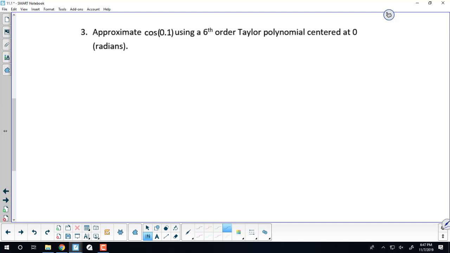Okay, so what we really want to do is come up with a Taylor polynomial for cosine of x in terms of x first, and then we'll worry about plugging in 0.1, centered at a equals 0.